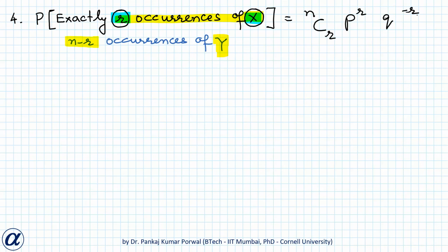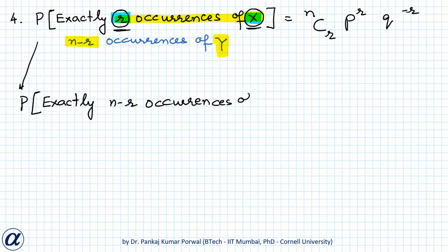Now this we could have also written in terms of occurrences of y. In that case, because we have r occurrences of x, we will have n minus r occurrences of y. So the probability for exactly n minus r occurrences of y will be, and here at the back of our mind we know that there are r occurrences of x also.